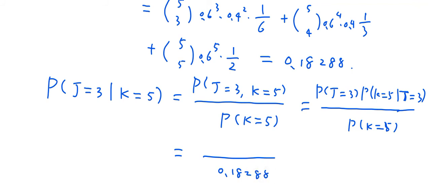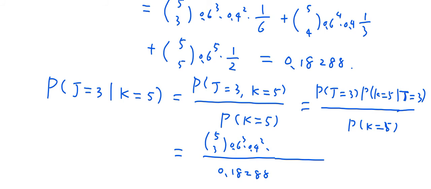So j equals 3 is this probability, from 5 choose 3, 0.6 cubed, 0.4 squared. So this is j equals 3.